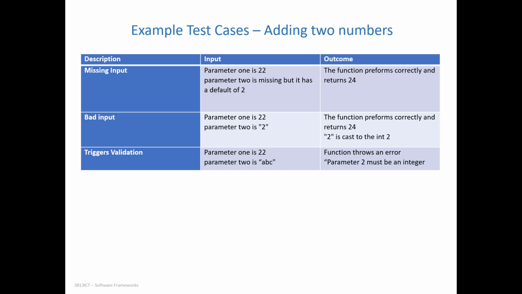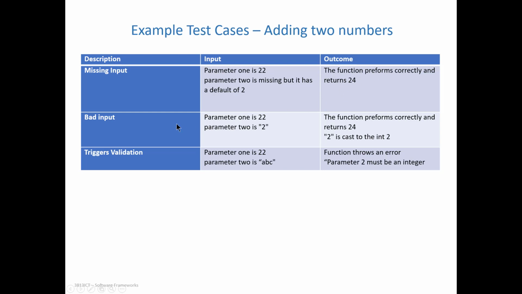If we're trying to add two numbers together, our first test checks whether both inputs are there. In this one, there is a default for the second number, so even if it's missing, it's not a problem, and the test will pass because we get a good resultant number.